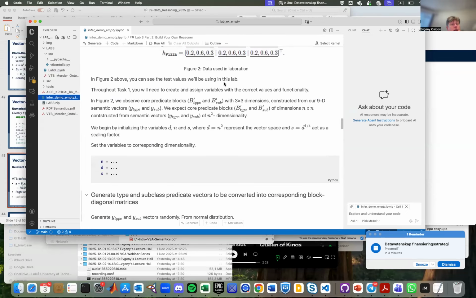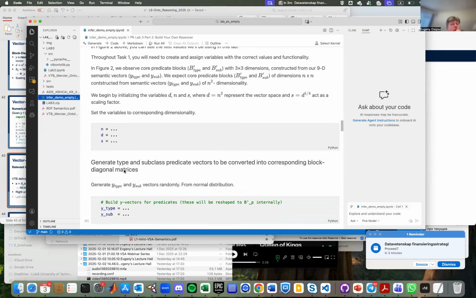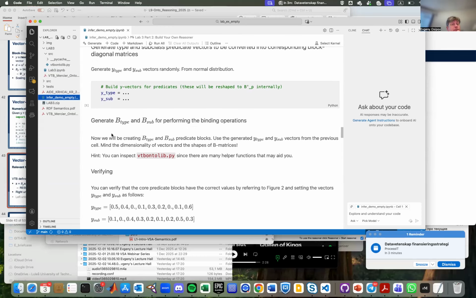Rather, we tried to navigate you through the process of programming this, and you just need to fill it in with appropriate calls to functions in the library, for example, generate vectors randomly.